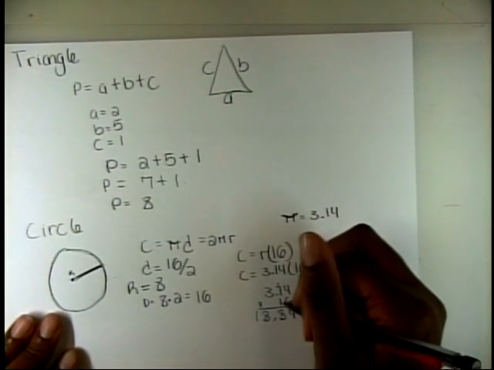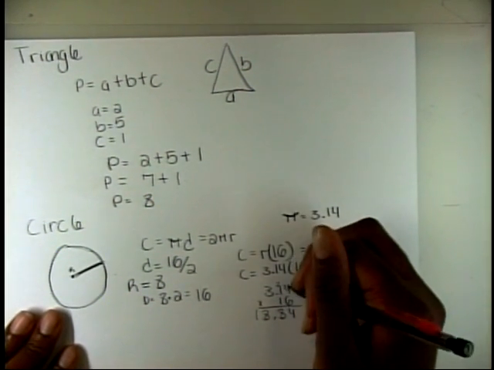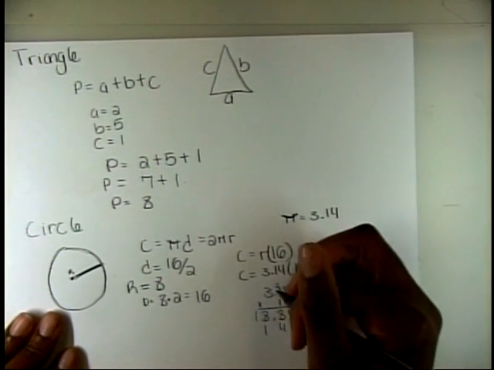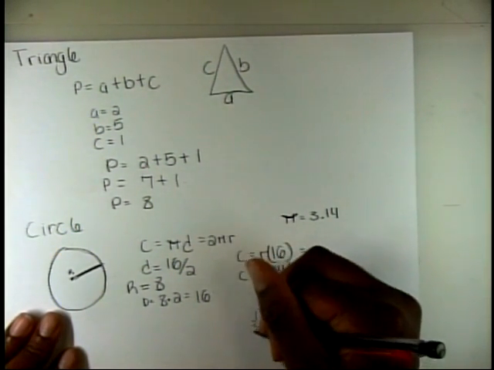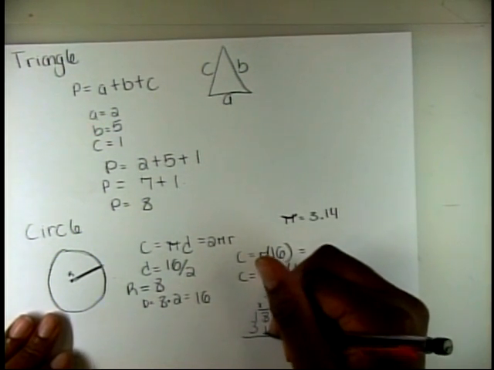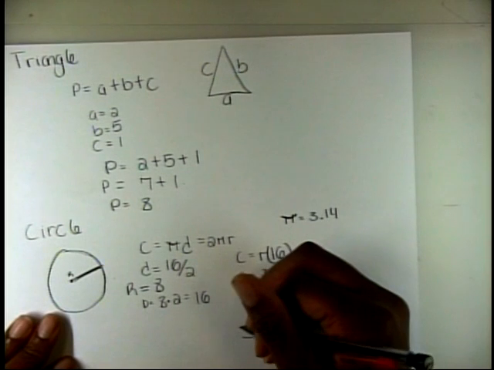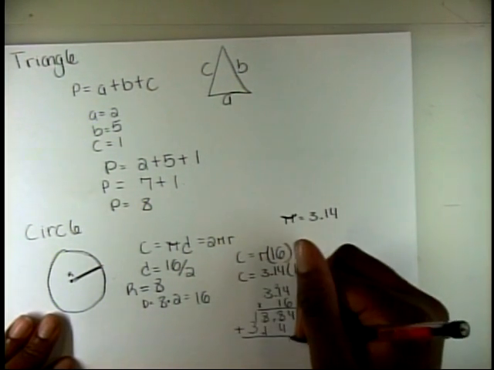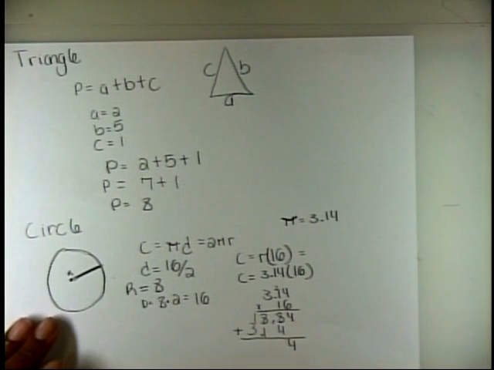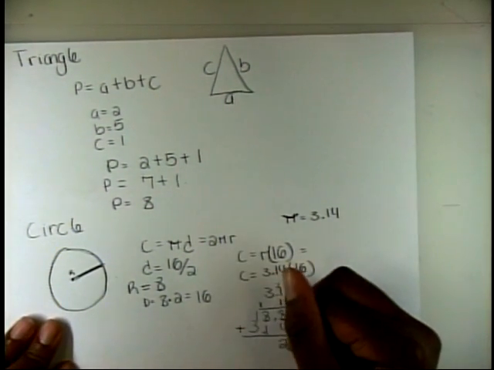Don't forget your decimals. 1 times 4 is 4. 1 times 1 is 1. And 3 times 1 is 3. So I go down here and I say add 4. 8 plus 4 is 12.